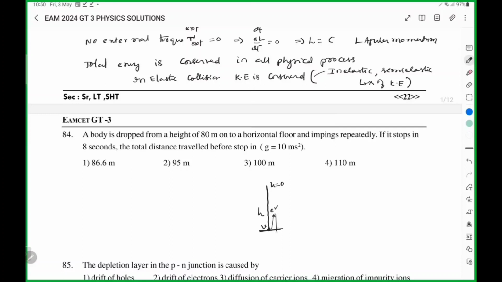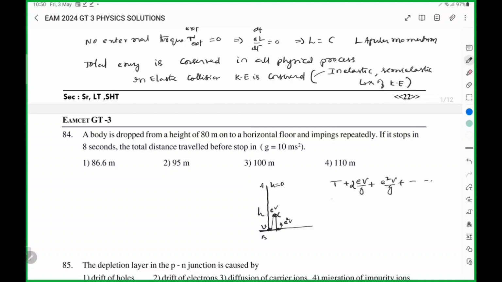Time taken again when it hits the floor: first time taken is t from A to B, and from B to C, 2eV by g. After hitting, it rises with e square V velocity.